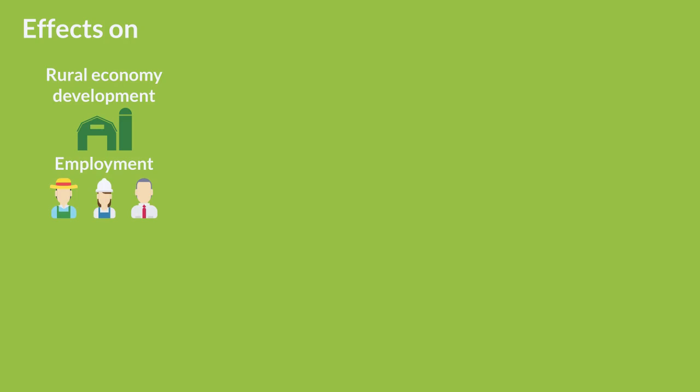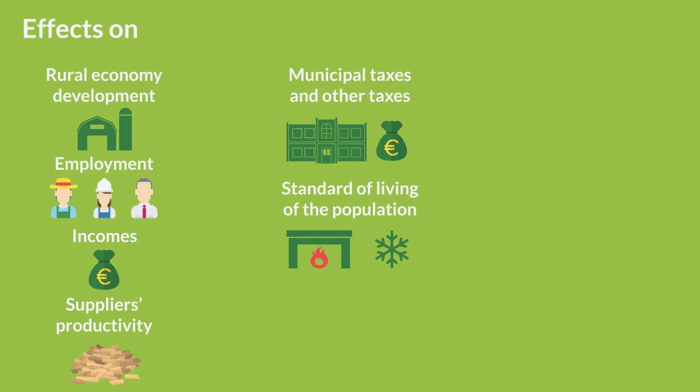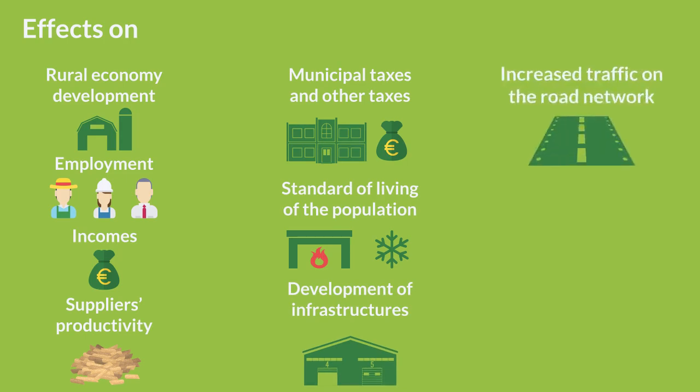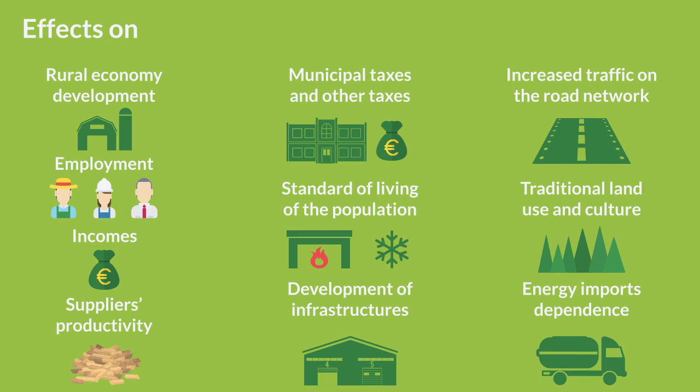You can consider, for example, the effects on the development of the rural economy, the creation of new jobs or, eventually, the destruction of jobs, the generation of incomes, changes in suppliers' productivity, municipal taxes and other taxes for new economic activities, changes in the standard of living of the population, development of infrastructures that influence the population and the economy, changes in the traffic on the road network, modifications of traditional land use and culture, decreased dependence on energy imports. Let's see a simple example.